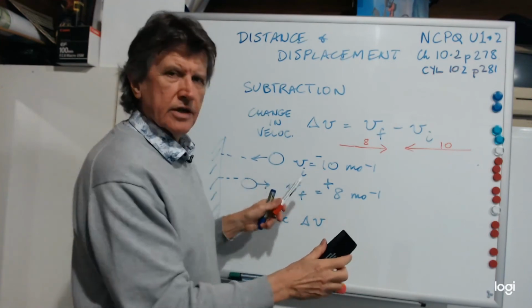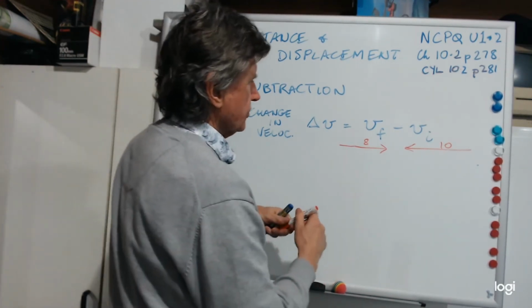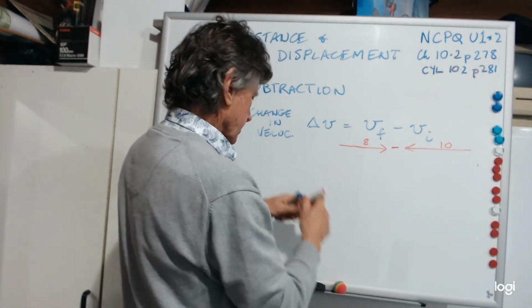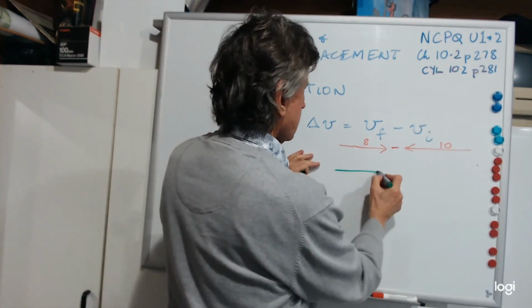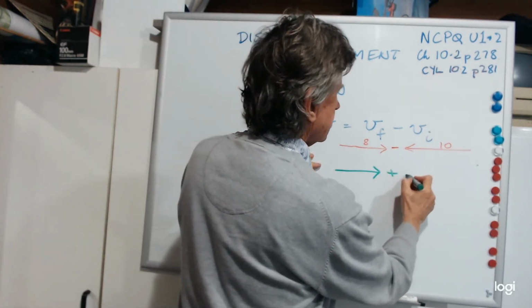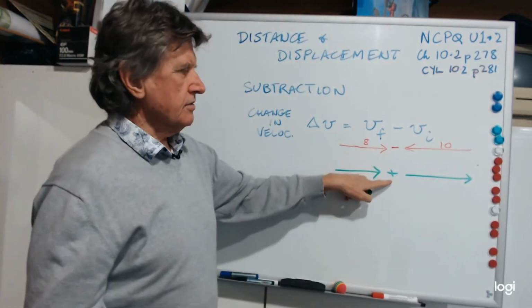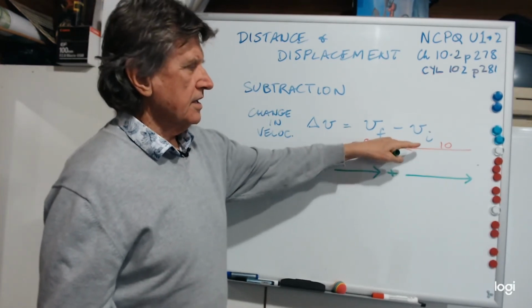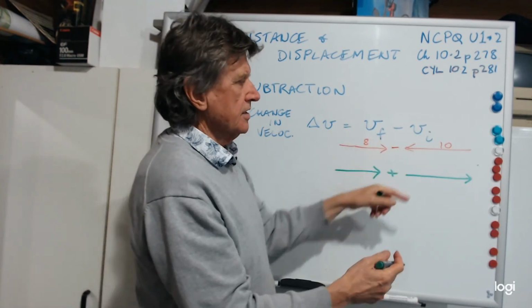Now look, I'll get rid of this because it's in the way, and what you want is a subtraction. So it's time to use some green. So we've got final plus that. Remember we've changed it to an addition, so we have to change the sign of the second one, the initial one, to its opposite.